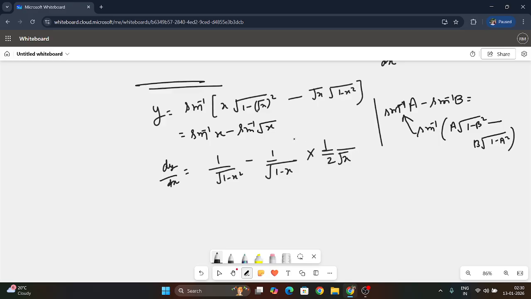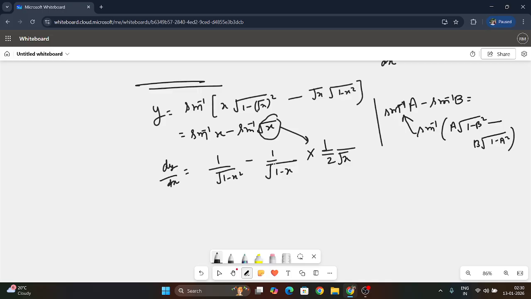Since the root is square, the root and square get cancelled, so x. I hope it is clear to you. This is going to be your answer.